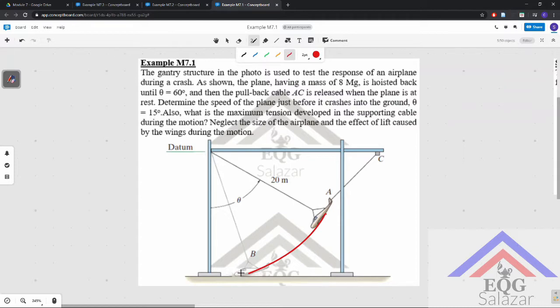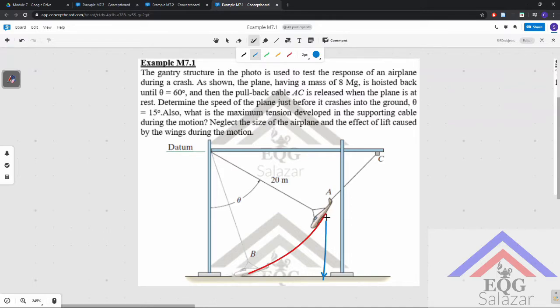All right, but since it starts from rest, what do you think is the contributing factor to the speed of the plane until it reaches point B? It's the weight of the plane going downwards.